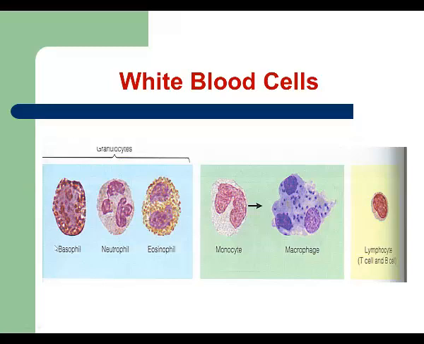As you see, basophils are purple white blood cells. Neutrophils are kind of pinkish purple. Eosinophils are orangey purple. Monocytes are large cells. And you see, this is what we call a macrophage because it has already engulfed some pathogens. And finally, the last one is a lymphocyte. Lymphocytes are the smallest white blood cells.